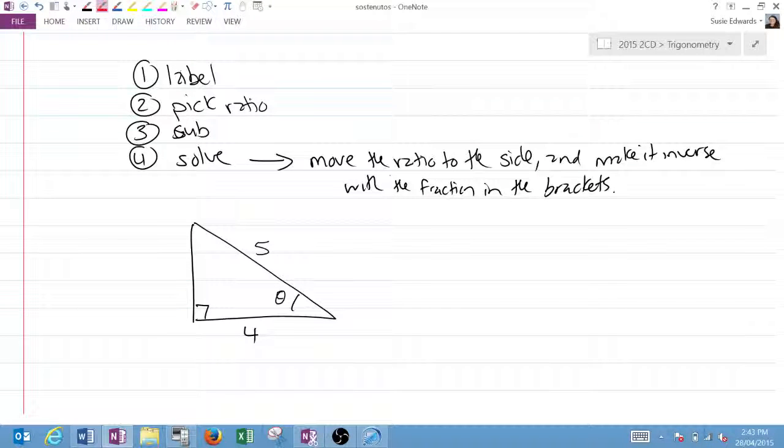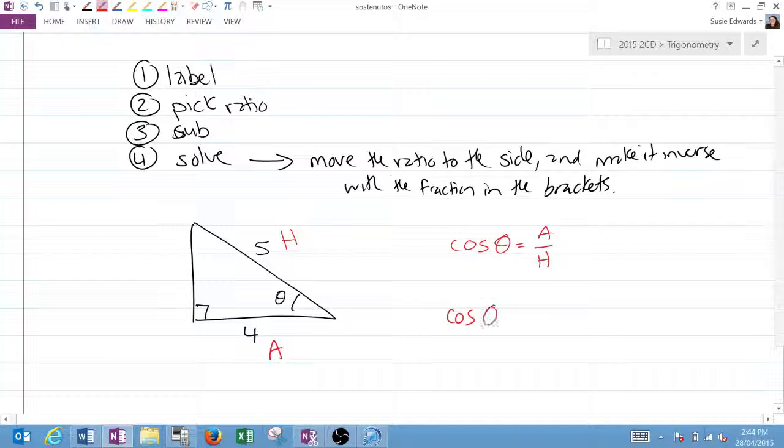So what does 5 become labelled as? H. What does 4 become labelled as? A. So we're going to use cosine rule. We then put our numbers in. Cosine theta, we still don't know the angle, equals 4 over 5.